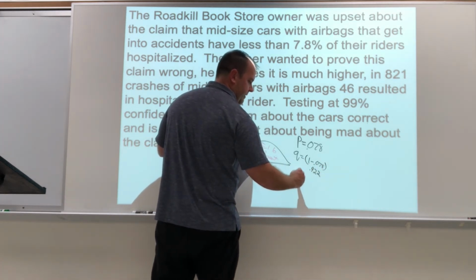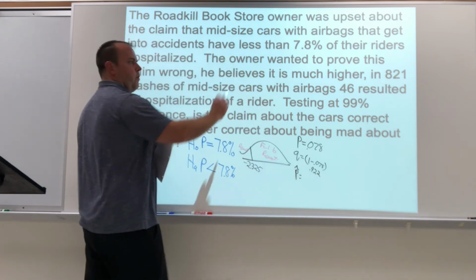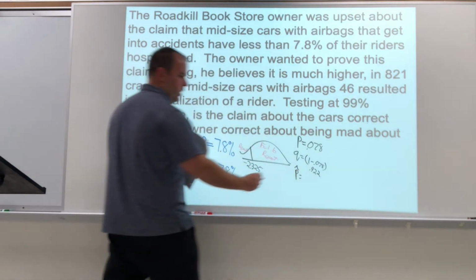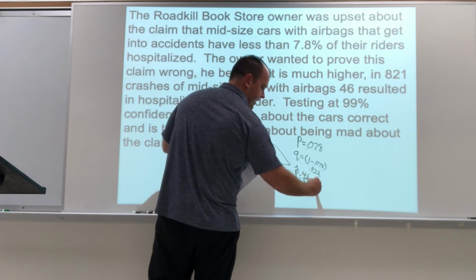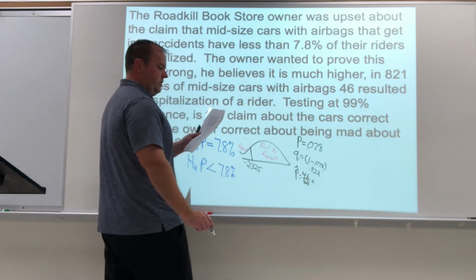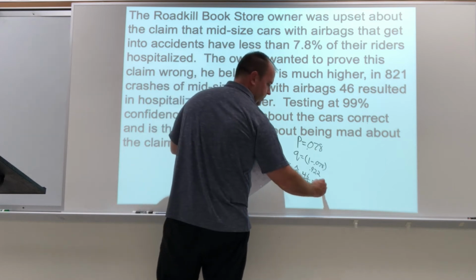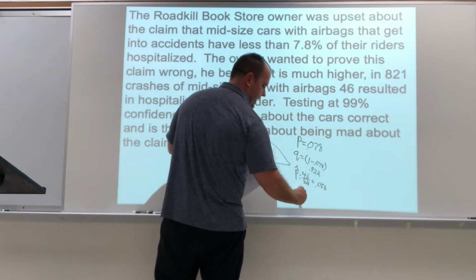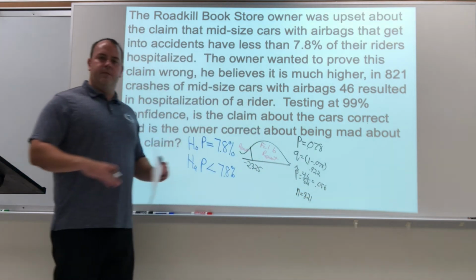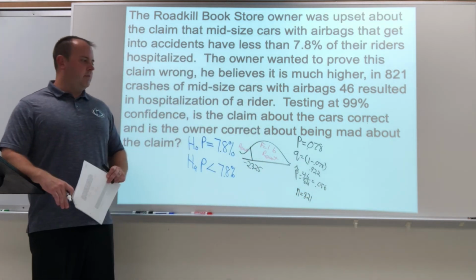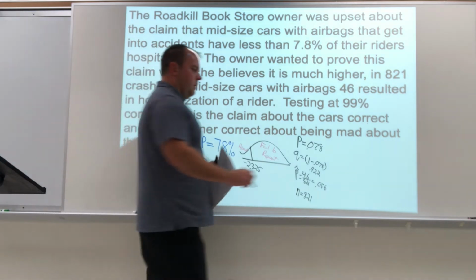Our p hat, we had 46 out of 821, and that should end up being 0.056. And our n is 821. So there's all the information you need. So take your time and plug that in. Okay.